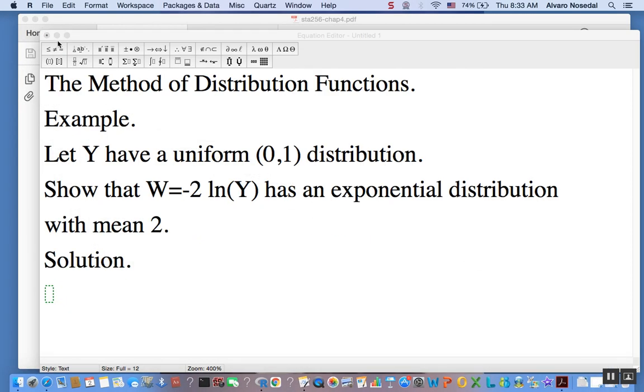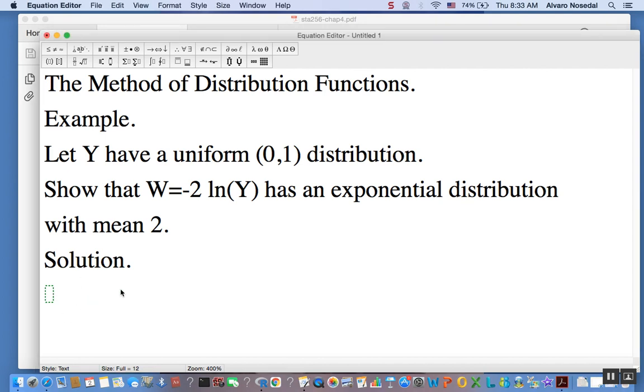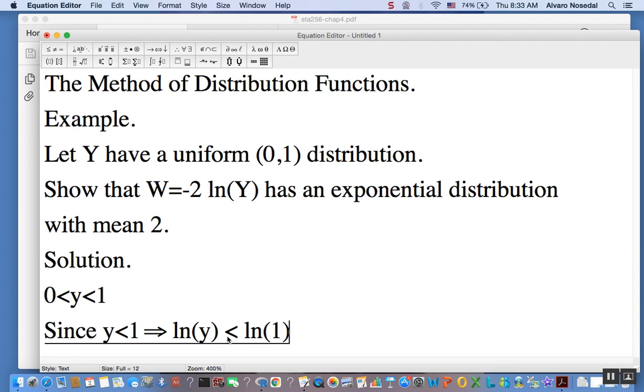Now let me go back here. So note that y lives between 0 and 1. So since y is less than 1, that implies when we apply that transformation, natural log, we know it's an increasing function, so that inequality is preserved.